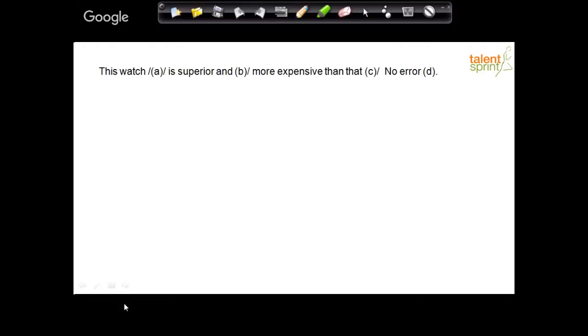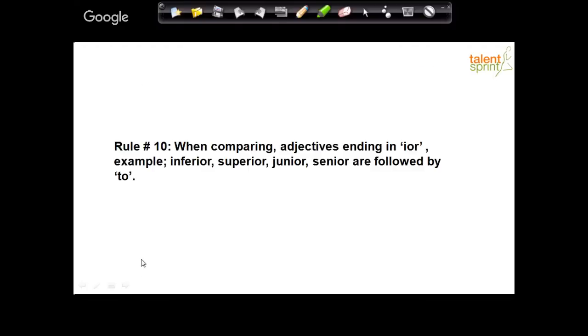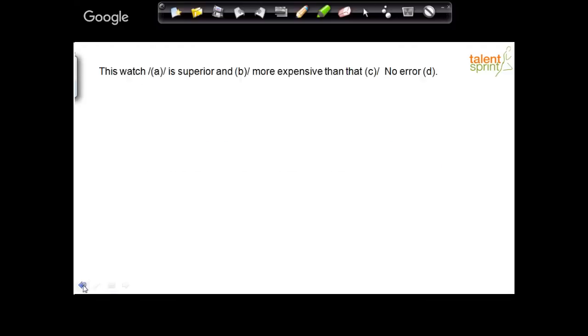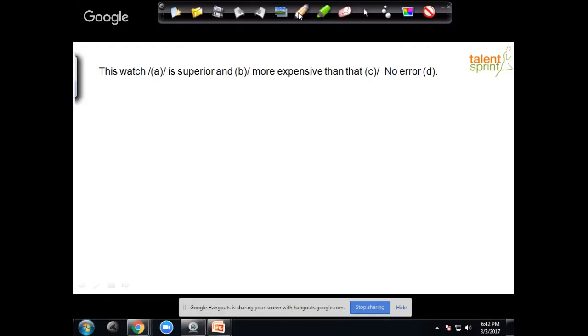This watch is superior and more expensive than that. Where do you think the error is? This watch. So actually, I think you got a glimpse of what the error was. So you obviously know now, the error is in part B. You add to, that's correct.